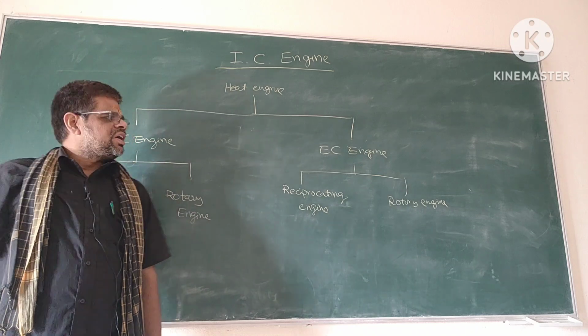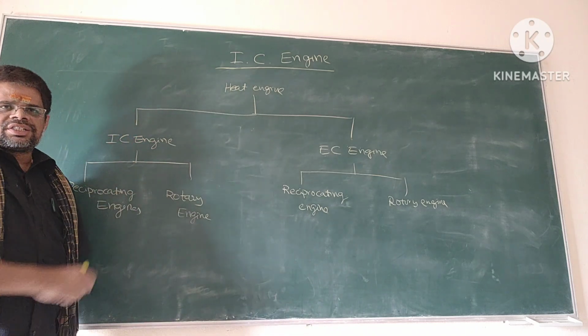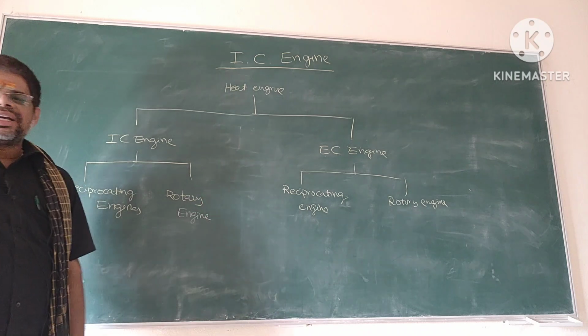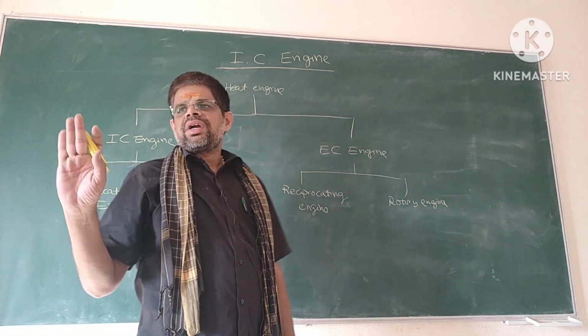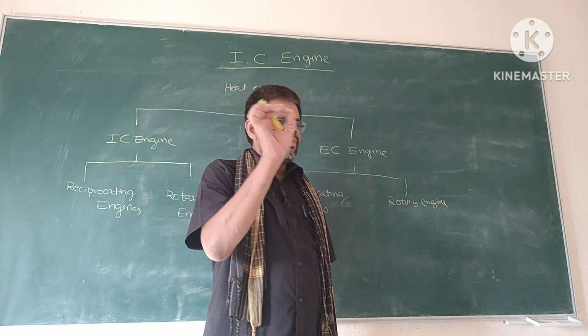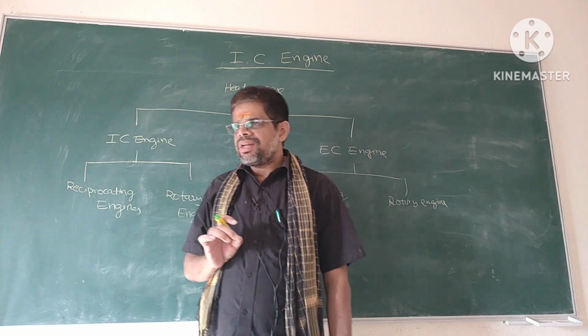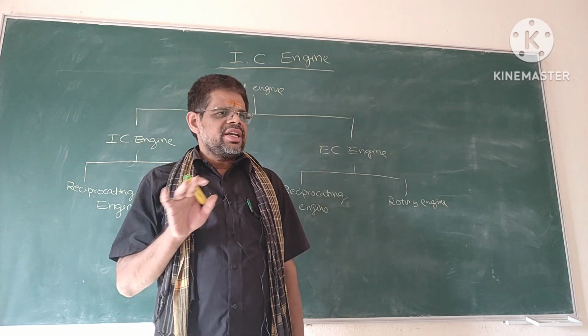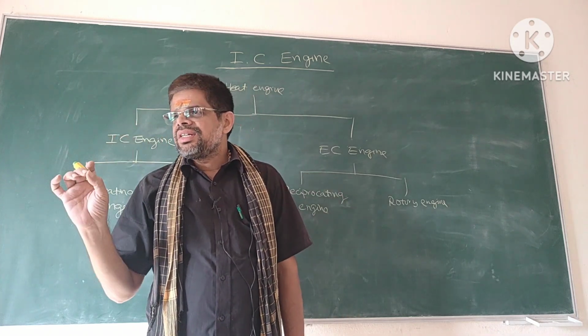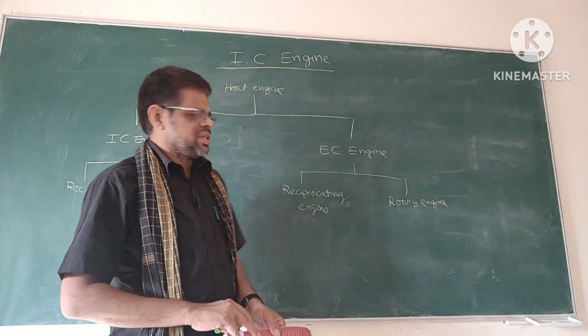Such engines are called reciprocating engines. In the case of rotary engines, there are no reciprocating parts. There is a rotary element called a rotor or impeller, which rotates directly by using the heat energy. That is called a rotary engine.